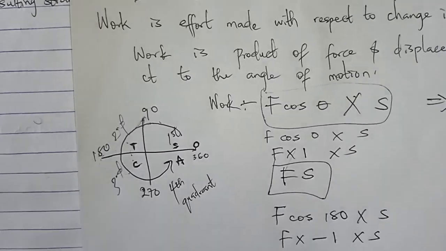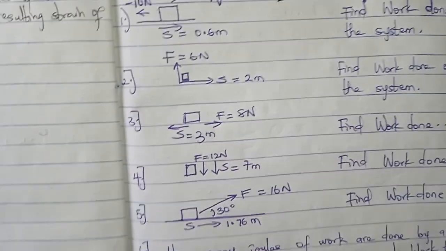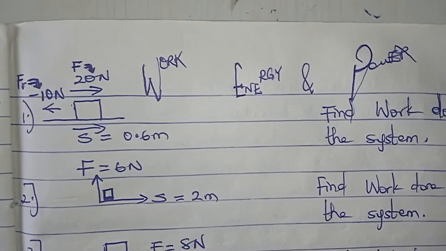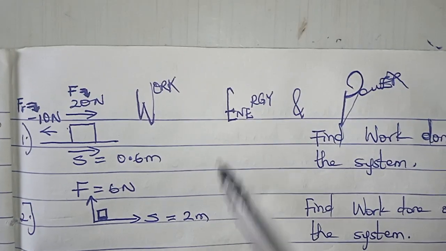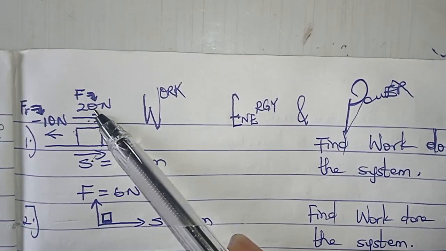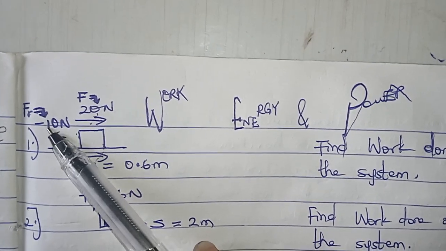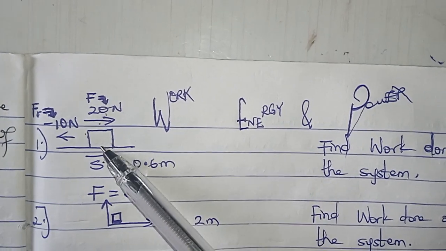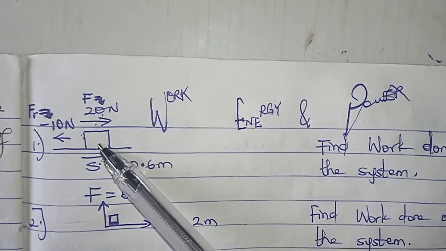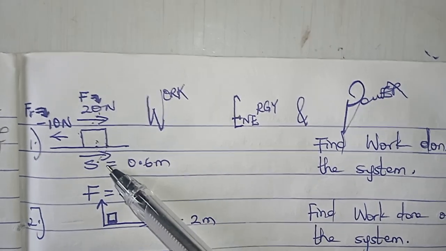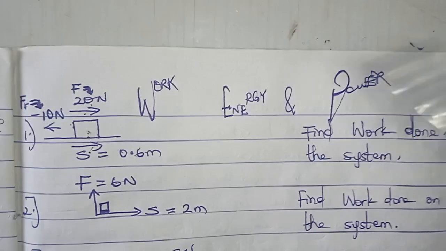So using this, let's try to look at this question. They gave us a force in this direction, then they gave us friction present, then they gave us a body of mass. They did not give us the kg, no problem. Then they gave us the displacement to be 0.6 meter.